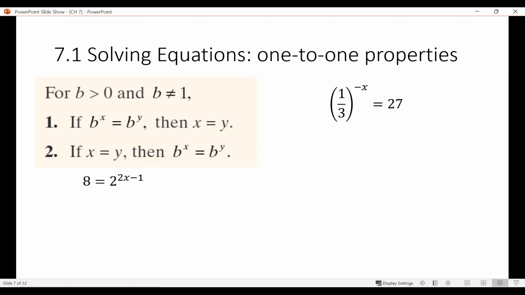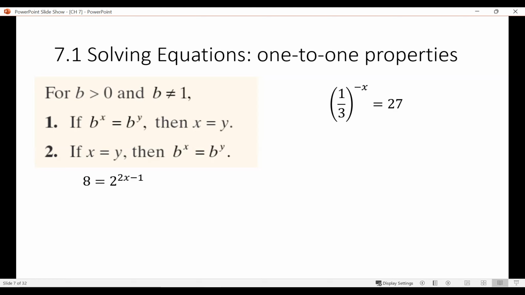Okay. So in order to use this property, if we can rewrite our exponential equation as one thing to a power is equal to that same base to another power, then we can just equate the two powers. We're not always able to rewrite values as exponents to the same base, but when we can, we use this one-to-one property.